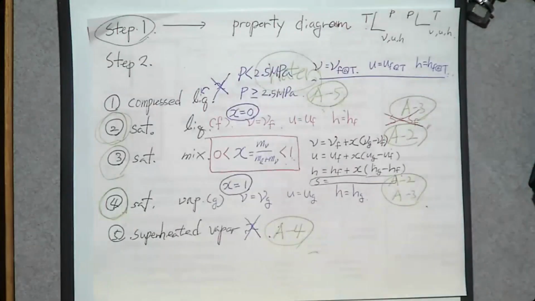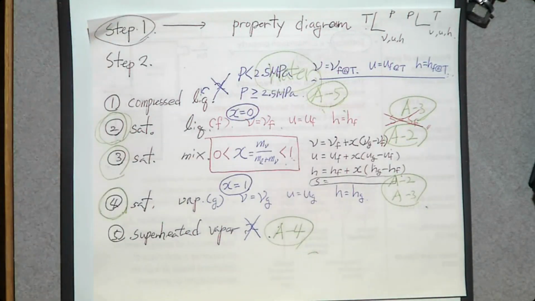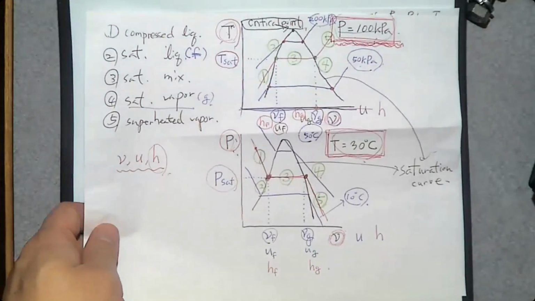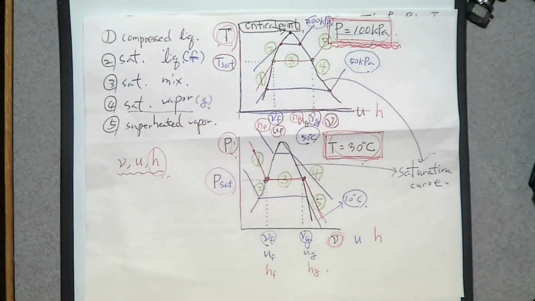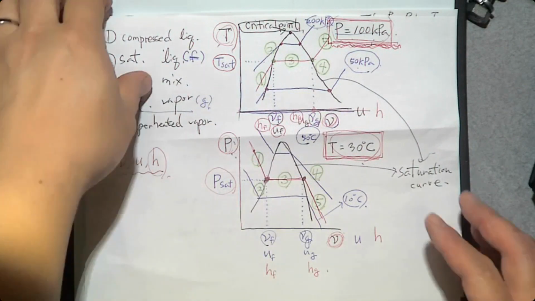Once you determine the phase change process, these are how we evaluate its property. Just to motivate you, 40% of the first exam is only about how to evaluate a property. 40%. Then let's see how we can practice.